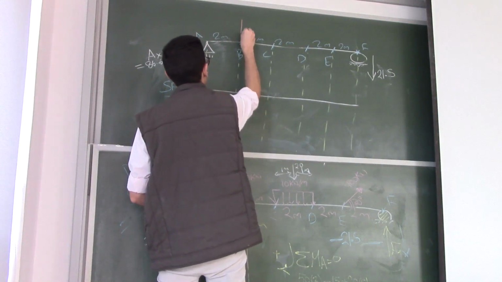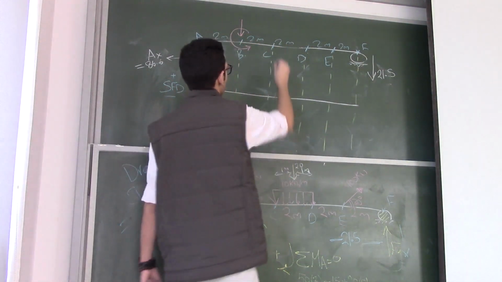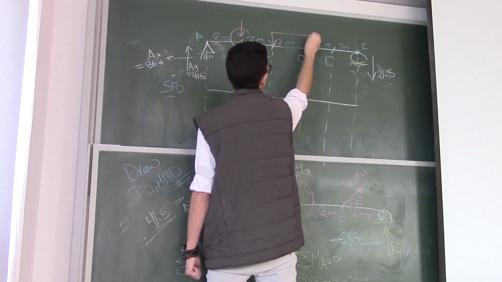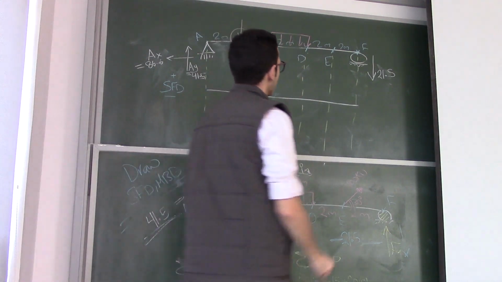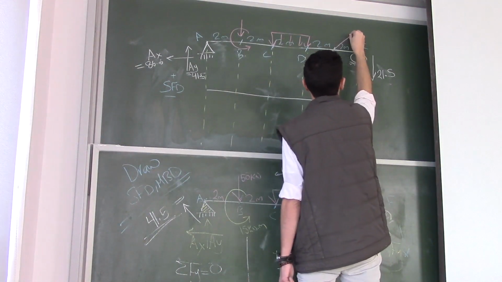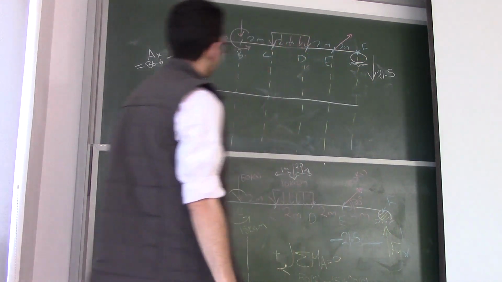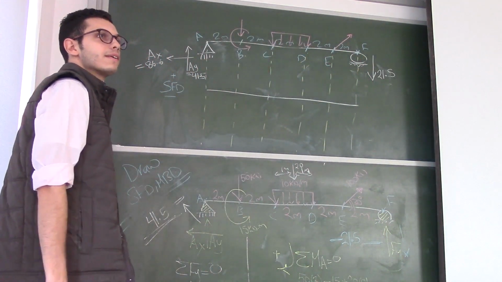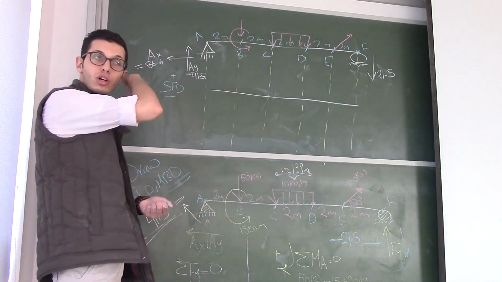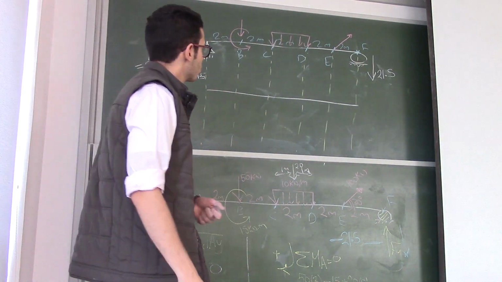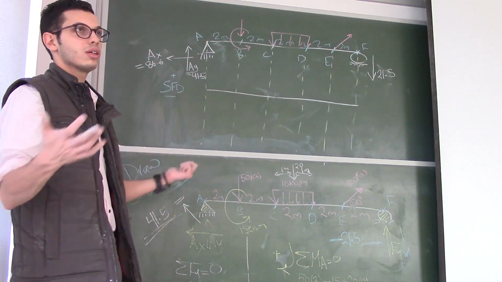There was a load like this. There was a counterclockwise moment. And there is also a distributed load here, and an inclined load here. Okay. Shall I start? You shouldn't write anything. Please focus with me. You will have your time to write everything. But focus, because if you have any question, you can ask.